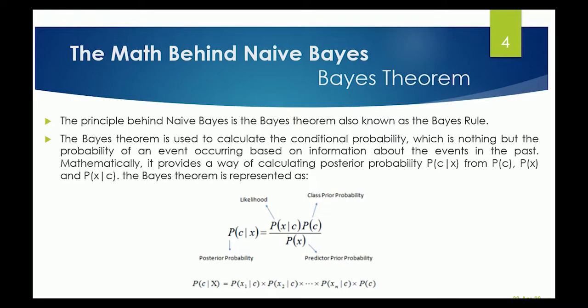So this is how a naive Bayes classifier works, to get the posterior probability from the likelihood, and the other two, the prior probability and predictor prior probability, will be known. One thing to notice is that the probability of x, the predictor prior probability, should not be 0.